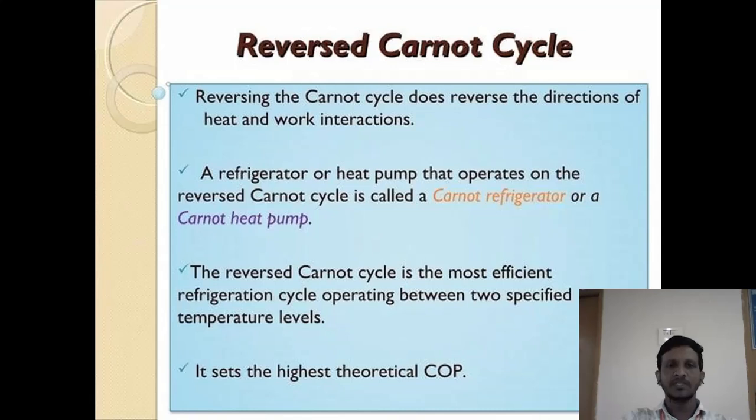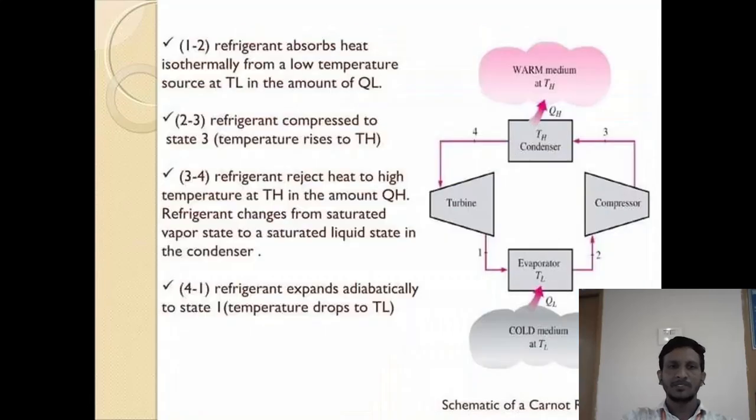The reversed Carnot cycle is the most efficient refrigeration cycle operating between two different temperature levels, one in the higher temperature region and another in the lower temperature region. It sets the highest theoretical coefficient of performance.